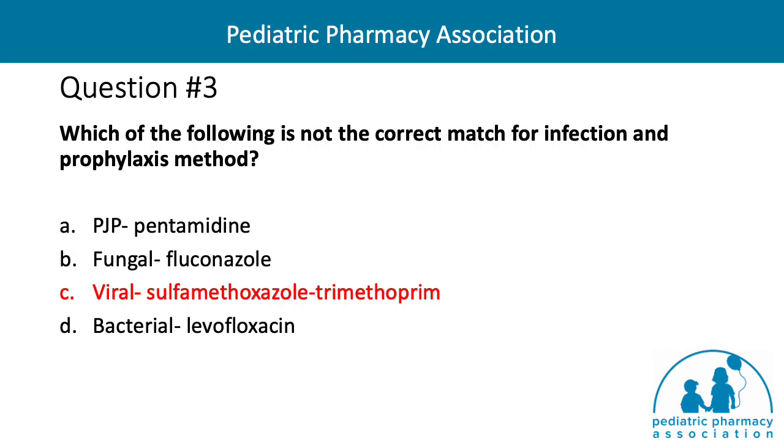The correct answer is C. So viral and sulfamethoxazole-trimethoprim do not go together. Sulfamethoxazole-trimethoprim is used for PJP prophylaxis, not viral prophylaxis. Our options for viral prophylaxis agents include things like acyclovir and valacyclovir.